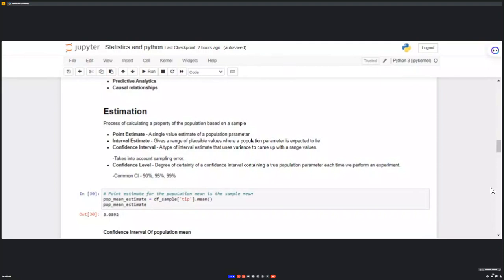That's the confidence interval. You getting that one? And then the confidence level is just how certain, how confident am I that the range that I have will actually contain the true population parameter. I don't know if you get me. It's okay, thank you.